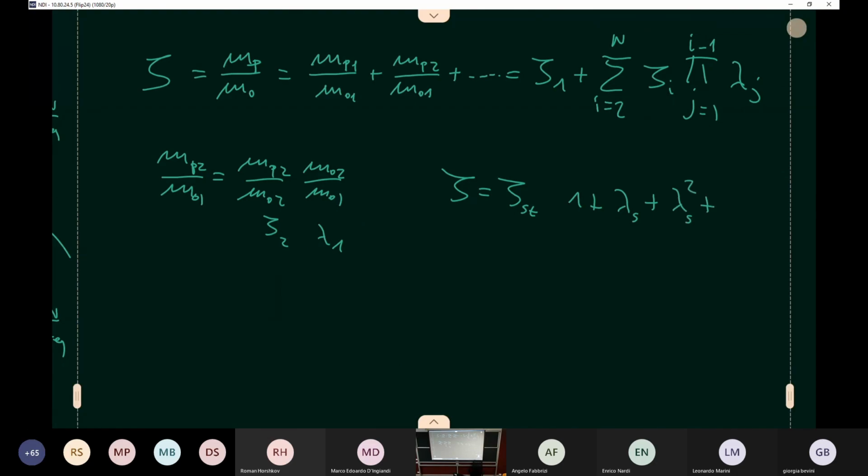Fourth term lambda 1, lambda 2, lambda 3. And so on, up to lambda n minus 1. This comes from the fact that all stages are similar, so each stage has the same ratio of different masses. So this sum can be expressed as follows.